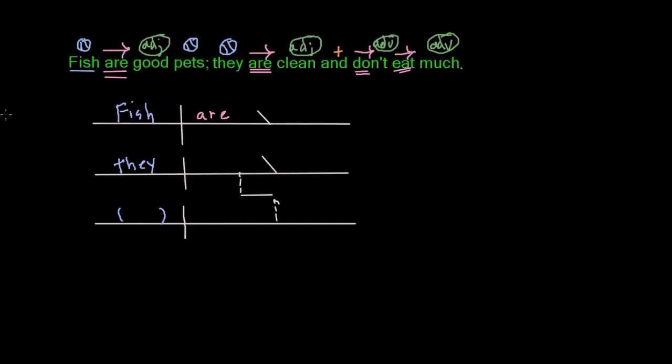Okay, fish are what? Fish are pets. It's a predicate nominative restating what the fish are. We have the adjective good modifying pets. They are good pets.